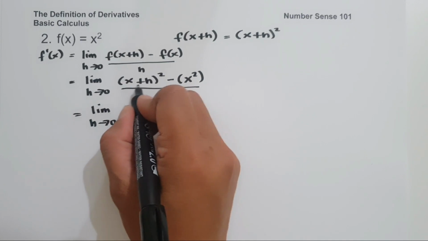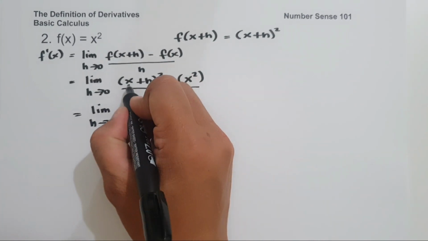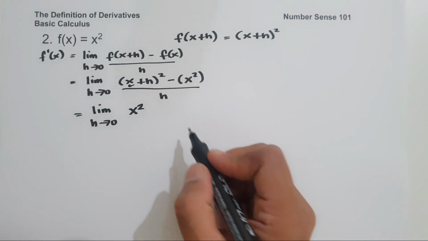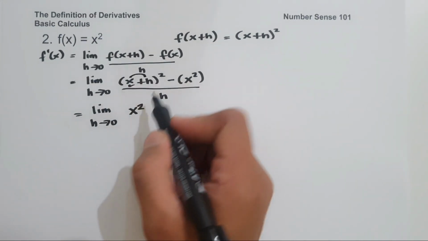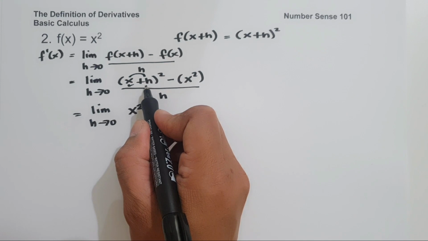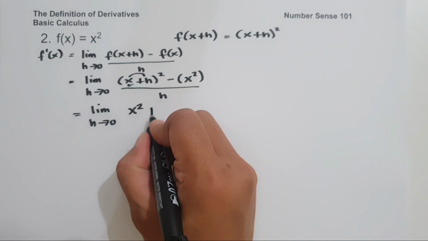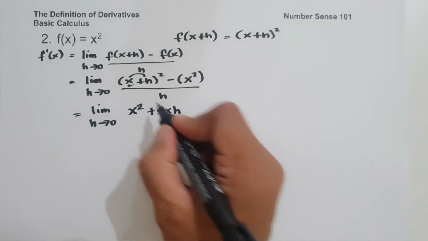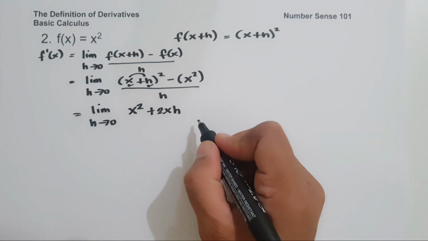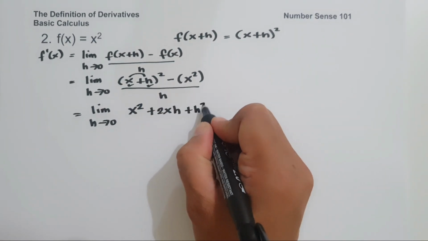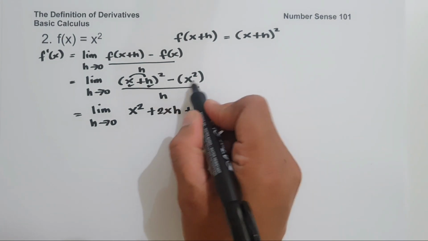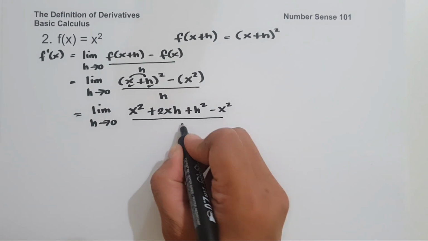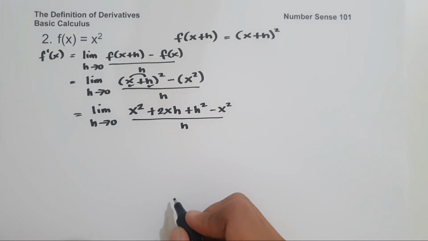Let us have the square of the binomial: x multiplied by itself, that is x squared; x multiplied by h, that is xh, multiplied by the constant 2, that is 2xh; and then h multiplied by itself, that is h squared. Negative multiplied by x squared is negative x squared, all over h.